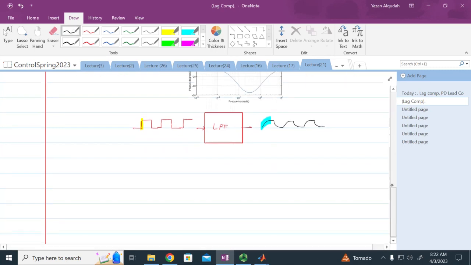Now what happens if I have an integrator? What happens if I apply a high frequency signal like this? What is the output of this integrator?